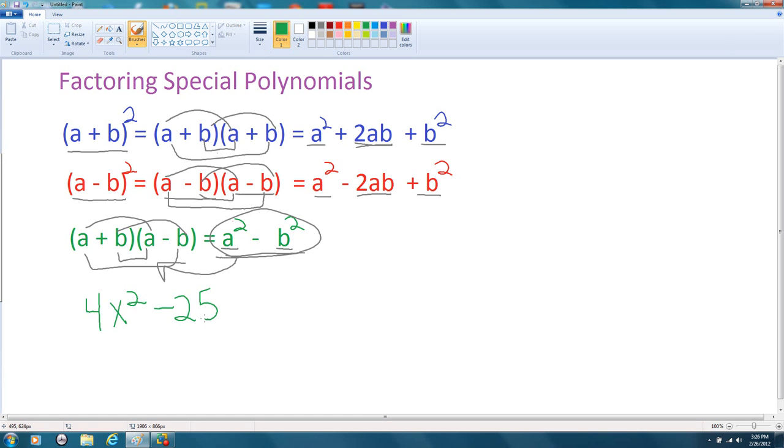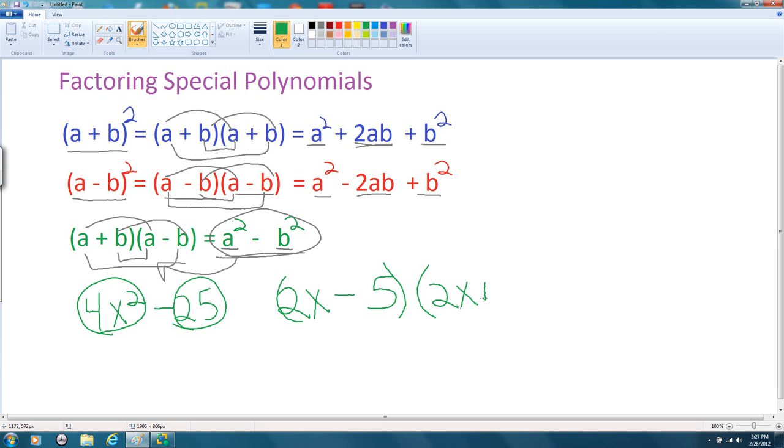So I want to take the square root of this and the square root of this. The square root of 4x squared is simply 2x. The square root of 25 is 5. So I know this is going to be 2x minus 5 times 2x plus 5. And so I can get an expression like this and very quickly factor it like that.